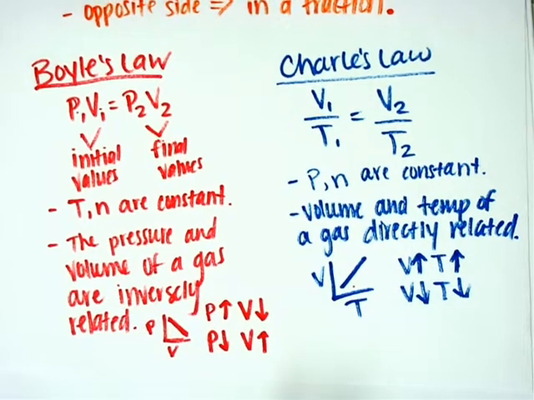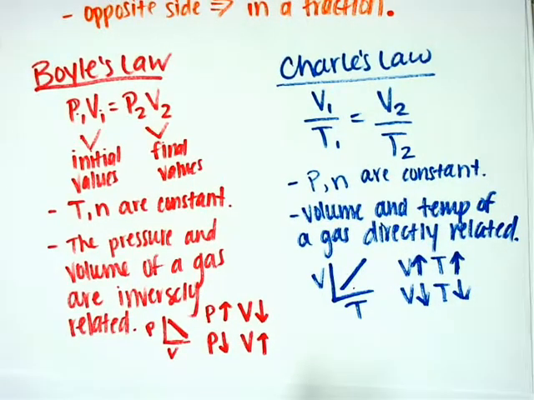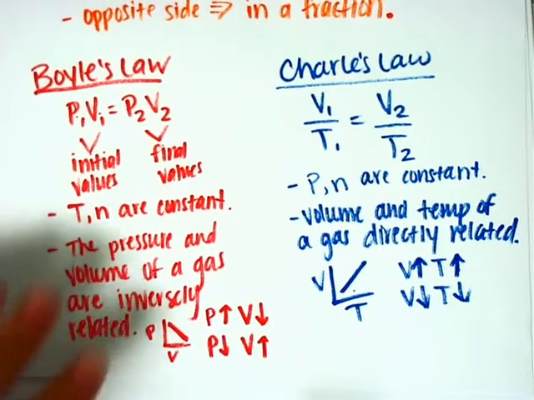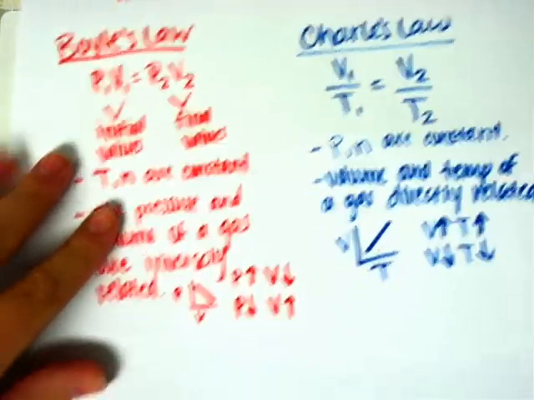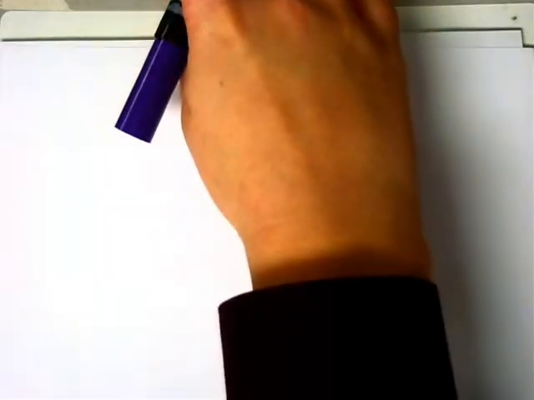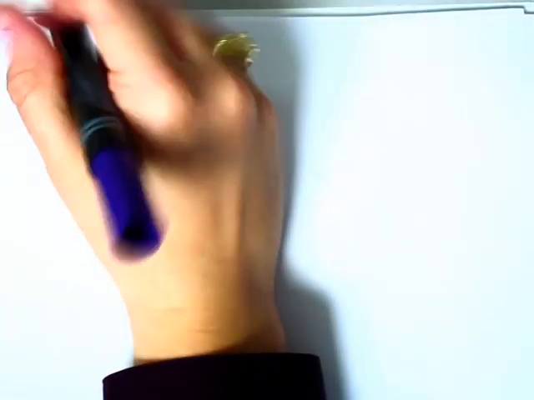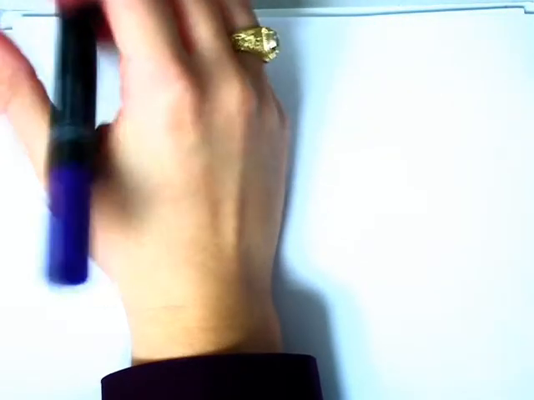Okay, so let's move on to our next law. And we're going to have pressure and temperature with this one. So are our pressure and temperature on the same side or opposite sides? They're on opposite sides. So what am I going to write for my law between pressure and temperature?